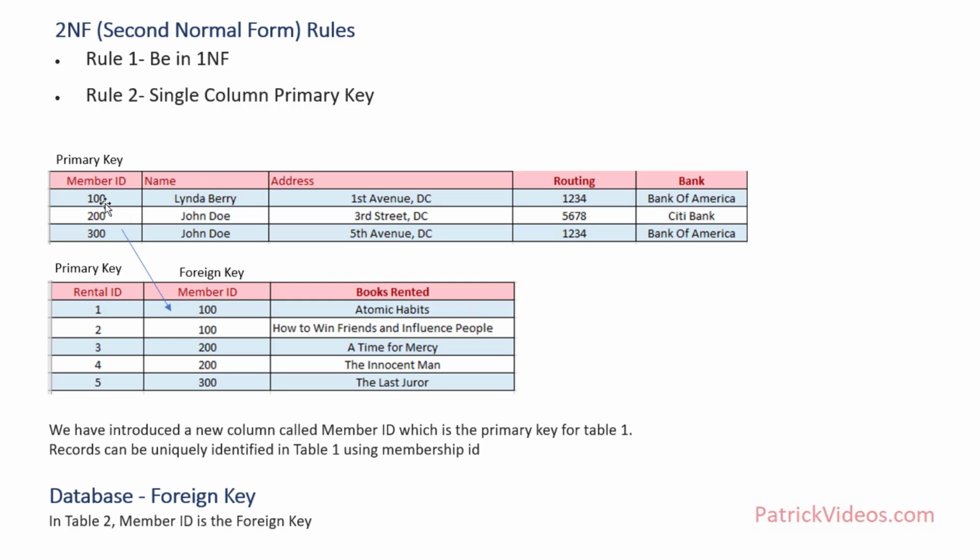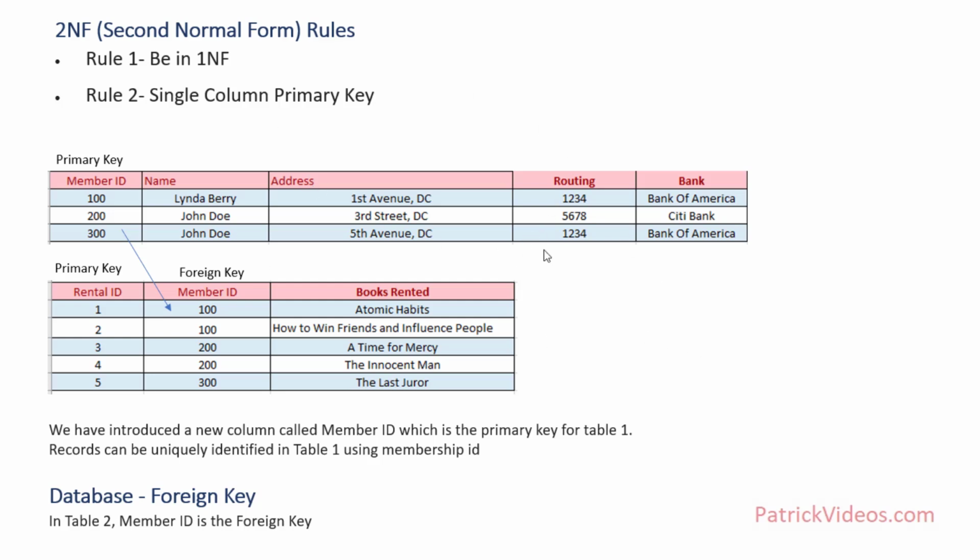So that means Linda Berry of member ID 100 has rented these two books. John Doe of 3rd Street of member ID 200 has rented A Time for Mercy and The Innocent Man, and John Doe of 5th Avenue of member ID 300 has rented The Last Juror. And this member ID is the primary key.